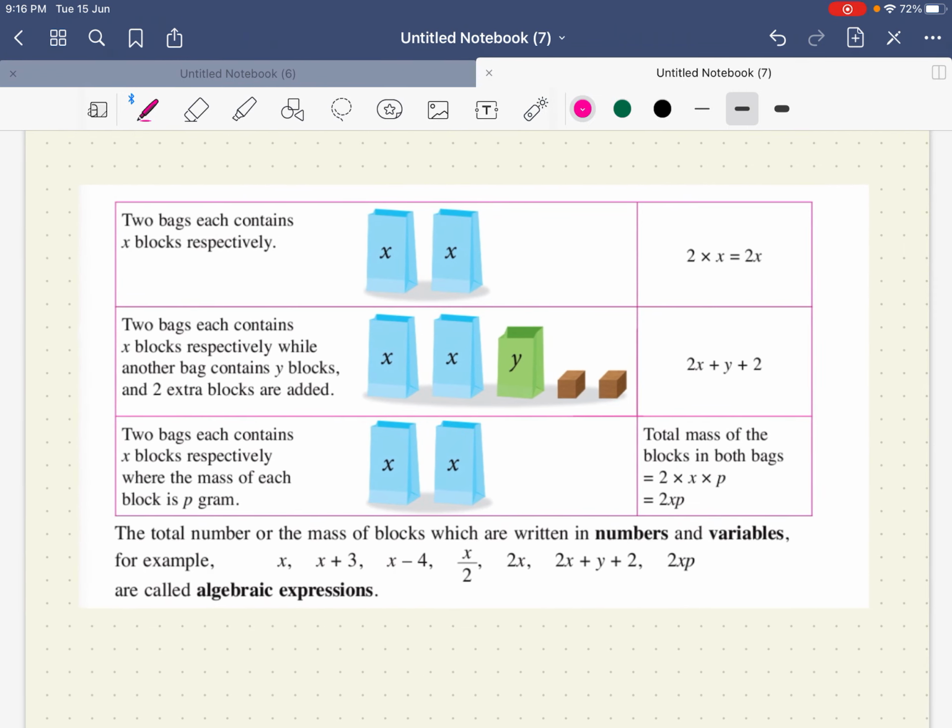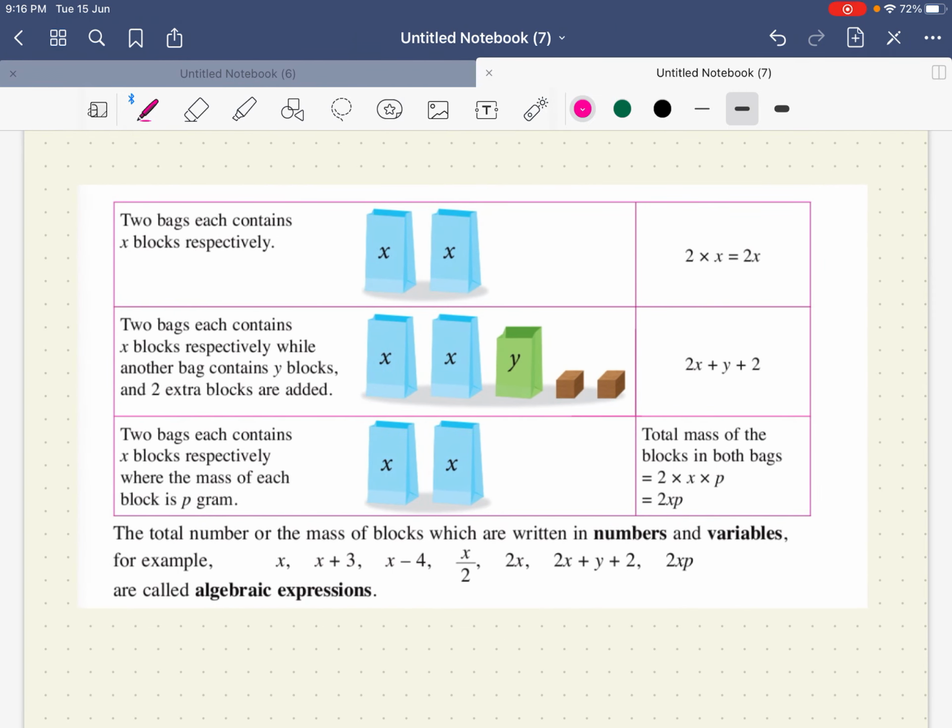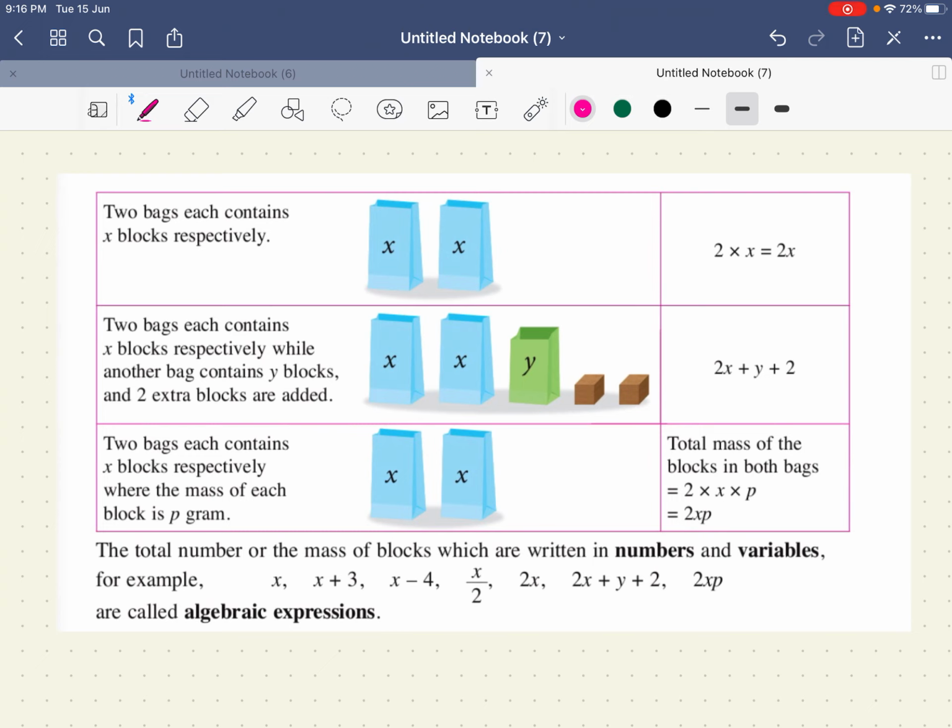Okay. Bag tu lagi. Pasal bag dan block tu lagi. Okay. 2 bags. Ada 2 bag contains X block respectively. Maksud dia, 1 bags ada X. 1 bags ada X. That is why dia jadi 2X.